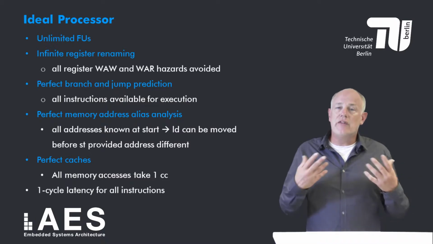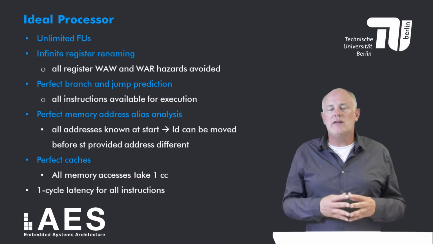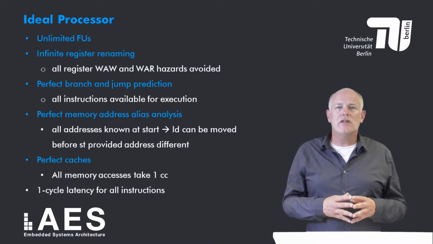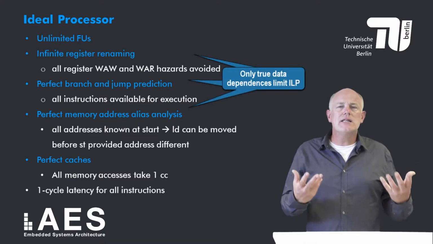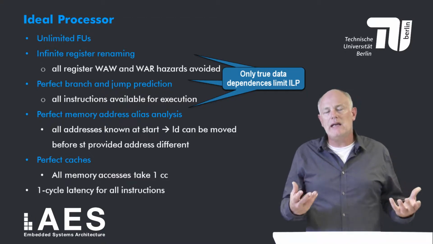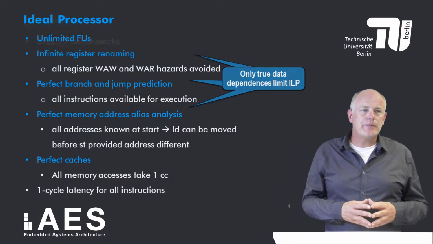Finally, in the study presented in this lesson, all instructions are assumed to have a latency of 1 clock cycle. That means that a sequence of dependent instructions can issue in consecutive cycles. Together, these assumptions imply that only true data dependencies limit the amount of ILP that can be achieved.